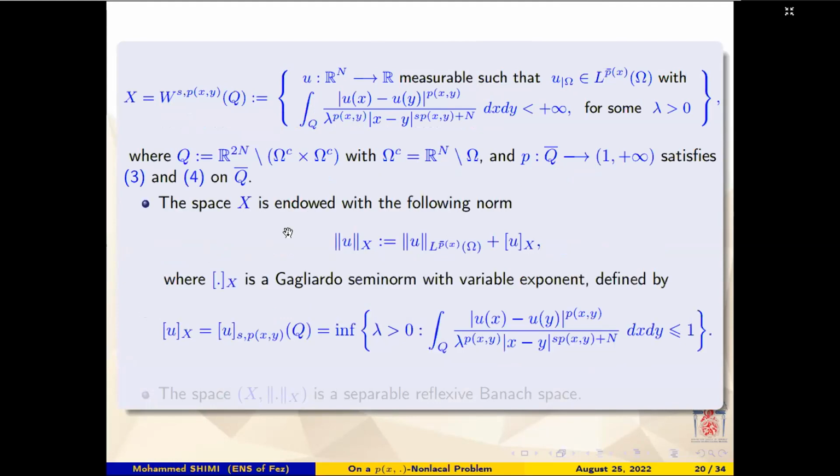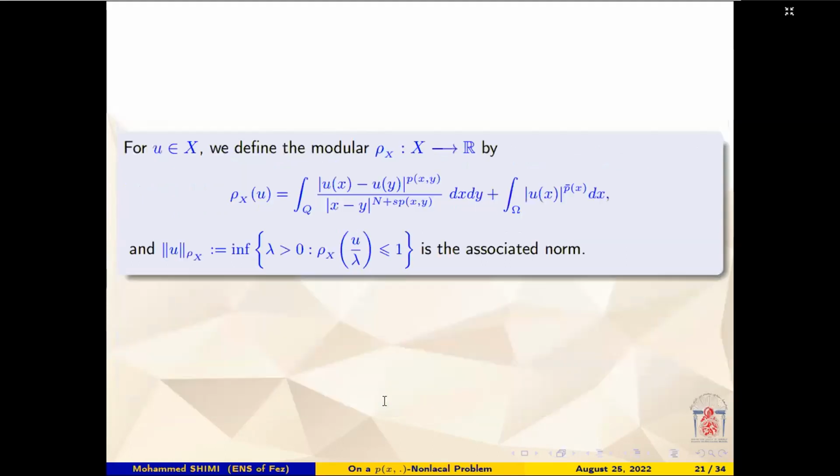This space is endowed with the following norm, where this quantity is the Gagliardo semi-norm with variable exponent defined by this expression. Our space X equipped with its norm is a separable reflexive Banach space.